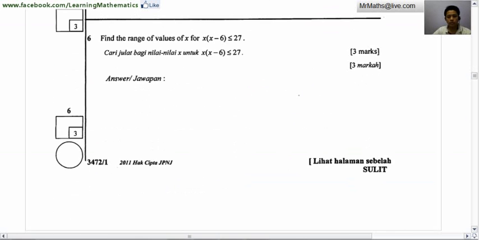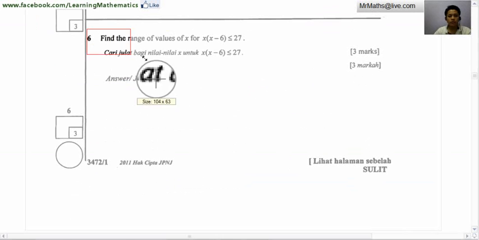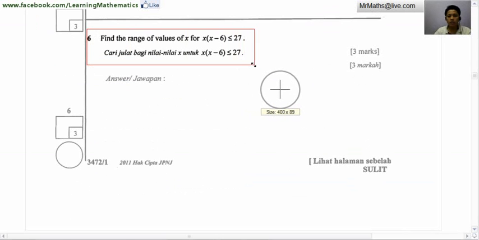Number 6. Find the range of values. Okay. Let's move it somewhere else. Whenever we see a problem, spend some time understanding the problem and then strategize on how to answer it.